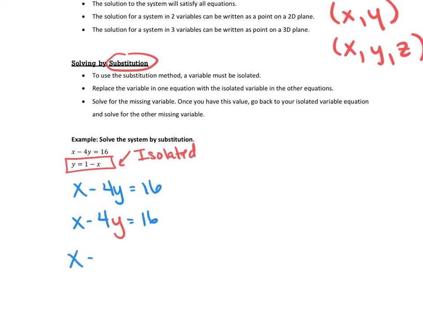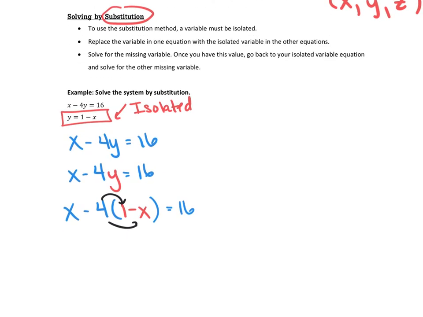So I can actually say this is x minus 4 times (1 minus x), because that's what y stands for in that other equation. That's the whole substitution part. You're substituting there. And when I do that, now I can solve this equation, distributing the 4 out here.